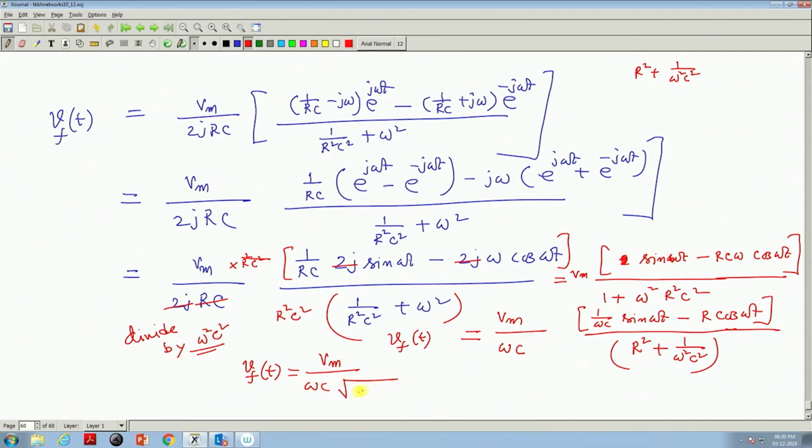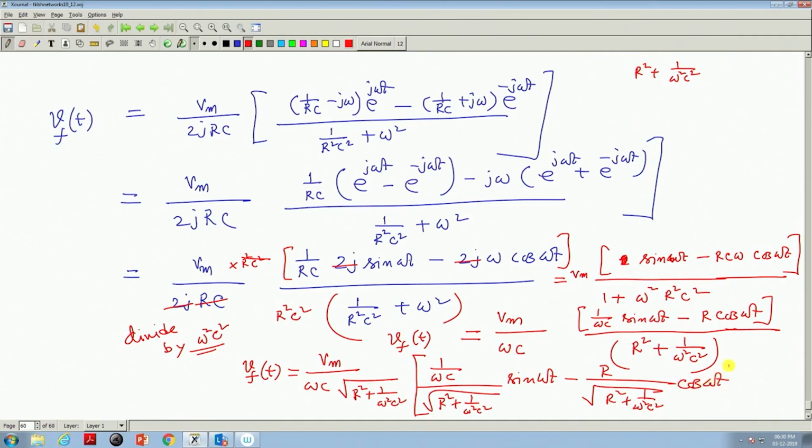So, you take out root over r square plus 1 over omega square c square, the same way I did for this one, and this can be written as 1 over omega c root over r square plus 1 over omega square c square, sin omega t, minus r by root over r square plus 1 over omega square c square.